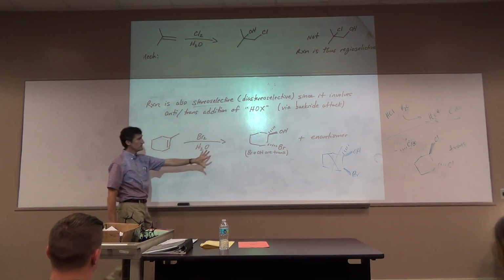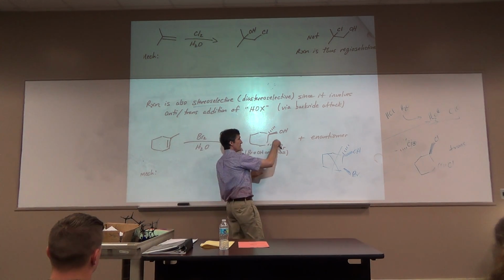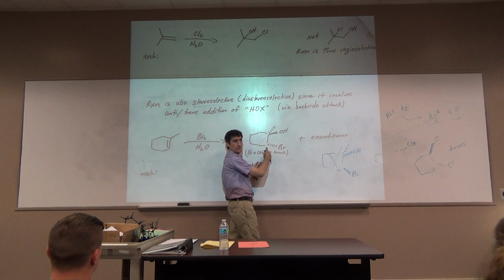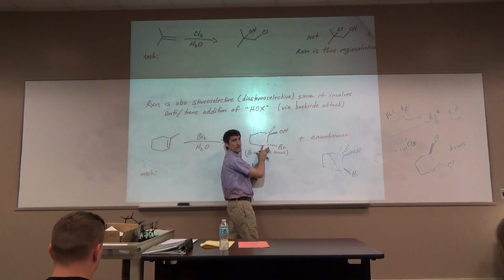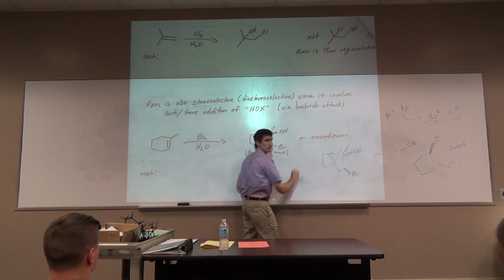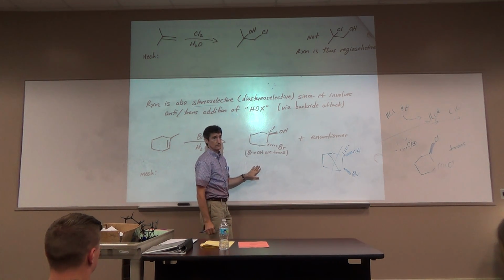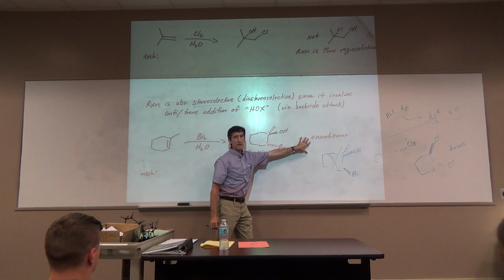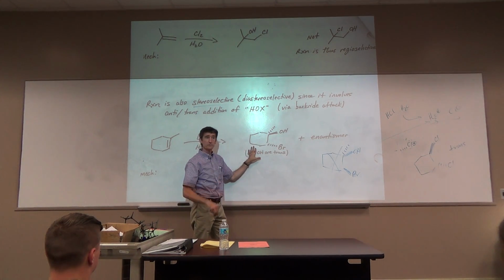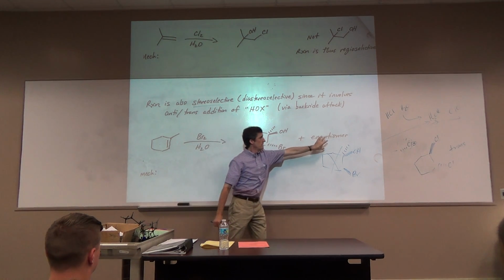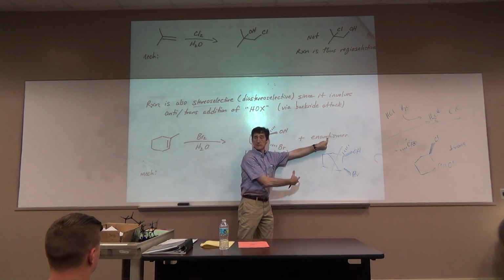Prove to yourself that this is the outcome. You may end up with everything switched here, meaning this may be bold dash, bold. If you do, that's okay, because that will be the enantiomer. A lot of this will not make sense until we do stereochemistry, and then when you look back, this information will already be there.